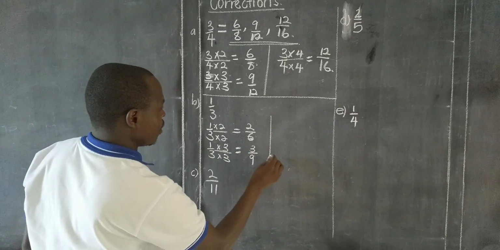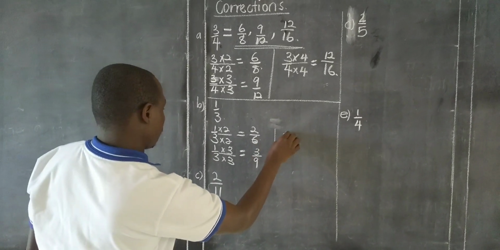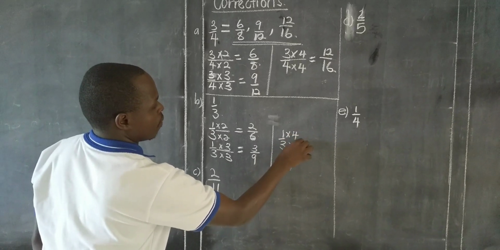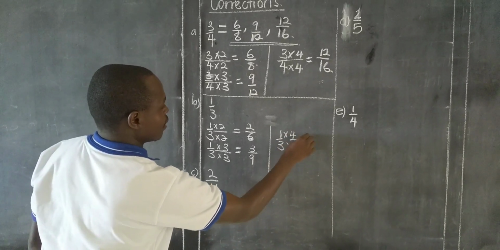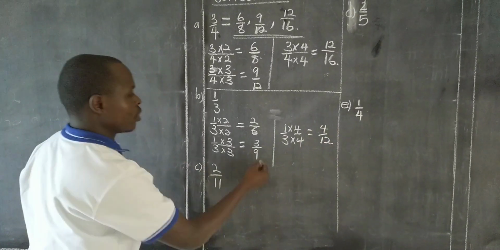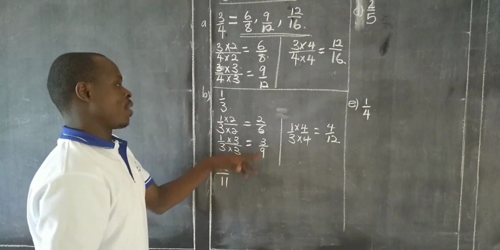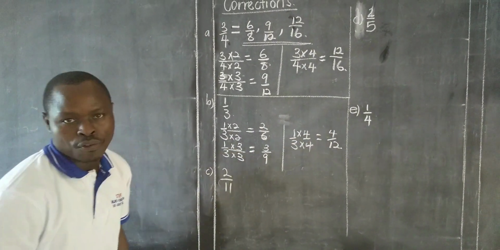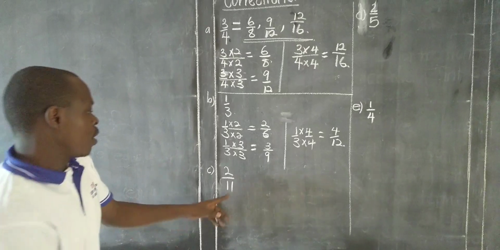And then still multiply through by 4. This will give us 4 out of 12. So those are the next equivalent fractions to a third: 2 out of 6, 3 out of 9, and then 4 out of 12.